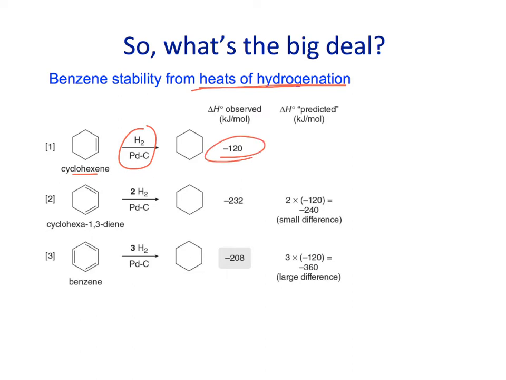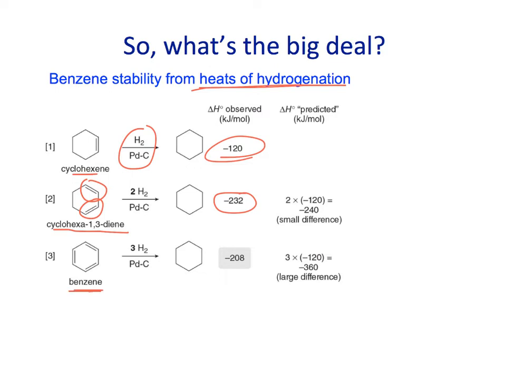If we have two alkenes, then we would kind of expect the amount of heat that's given off to be just twice as much, right? That makes sense, right? So if we do this cyclohexa-1,3-diene, then we get minus 232 kilojoules per mole. It's not exactly twice as much, but it's pretty close, all right?